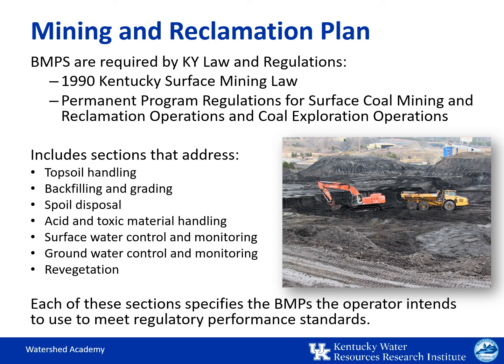Each of these sections contains associated best management practices that the operator intends to use. The terms of the mining permit must be met throughout the mining process, including site preparation, mining and reclamation, and the 5-year period of extended responsibility.